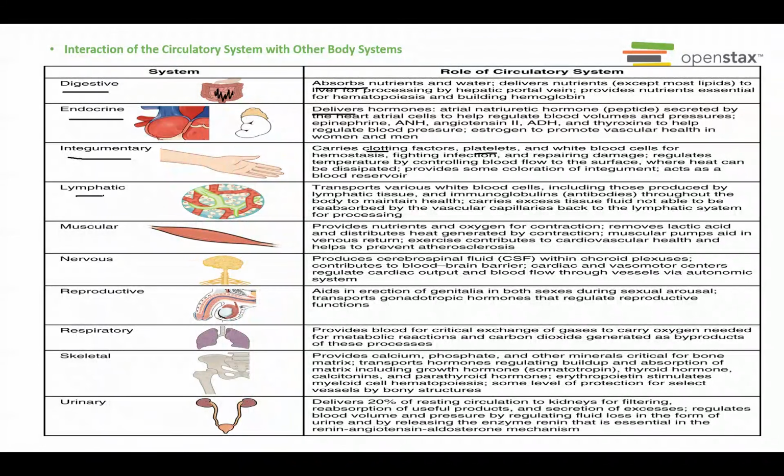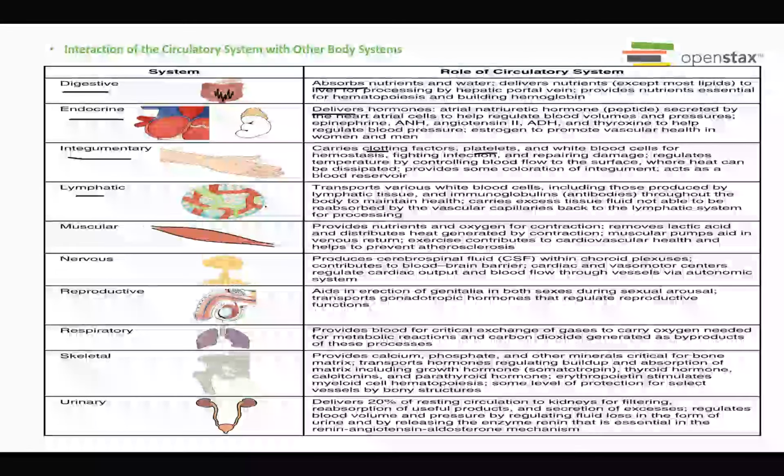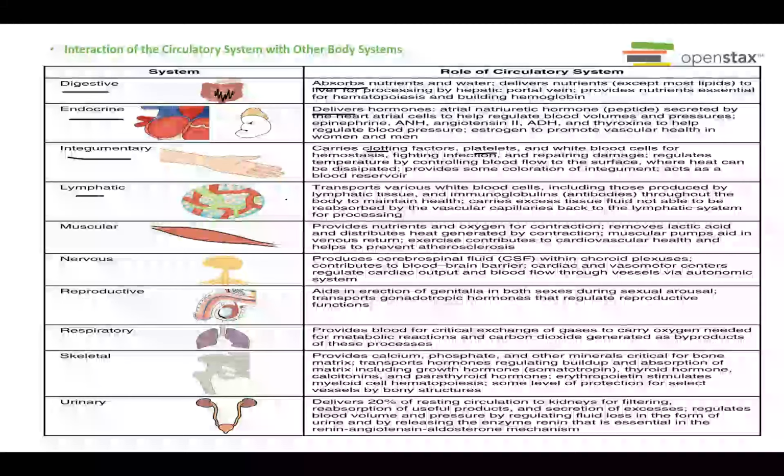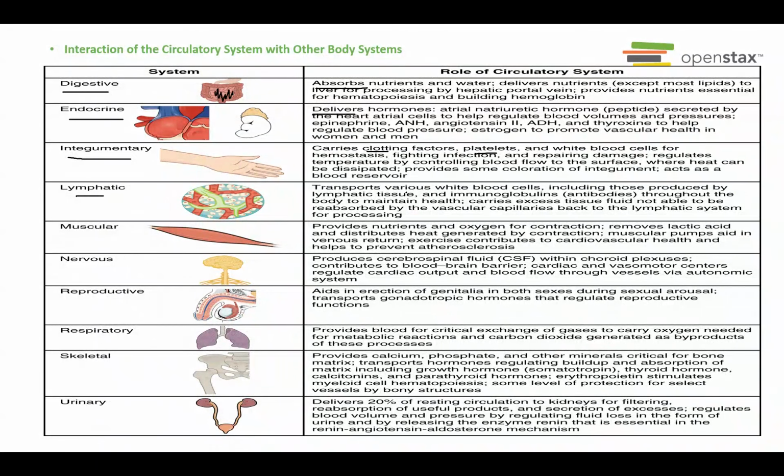And then the lymphatic system. This is the system that has a lot of white blood cells. This is the place for the immune system. So the lymphatic system and the immune system are the same thing. Blood is needed to deliver these white blood cells.